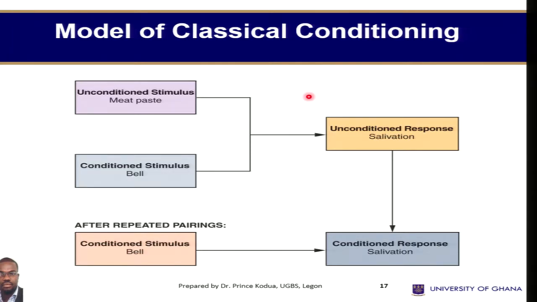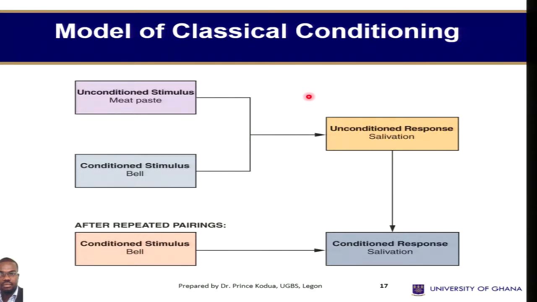That relationship is automatic, given, natural. But we wanted to find out if we can condition the dog using a different stimulus to produce the same response. That's why the experiment accompanied the feeding of the dog with the ringing of a bell.